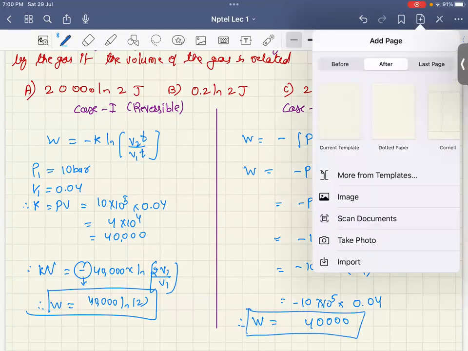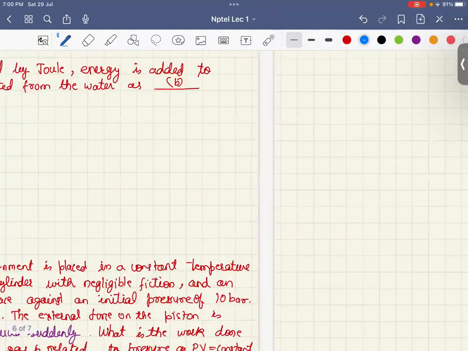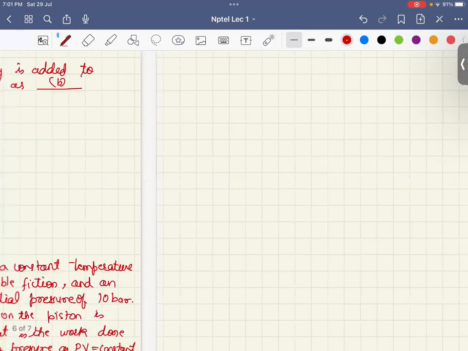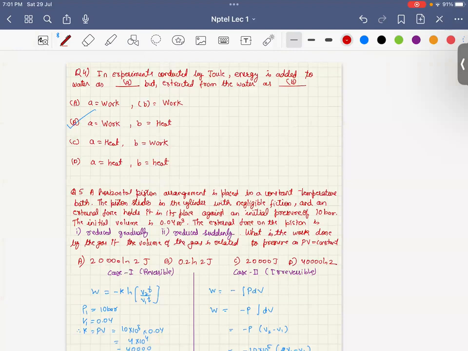So let us move on. I hope the answer is clear to everyone. Let us move on to the next question. If you have any questions, you can ask me. I'll wait for a couple of minutes. If you have any doubts, you can ask. Else, if somebody wants to write this down, they can write this down as well.